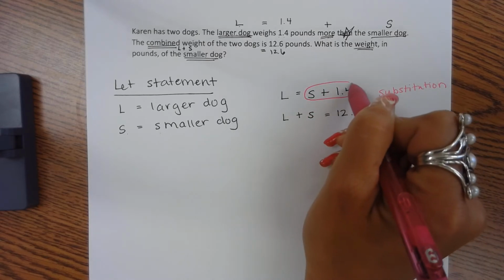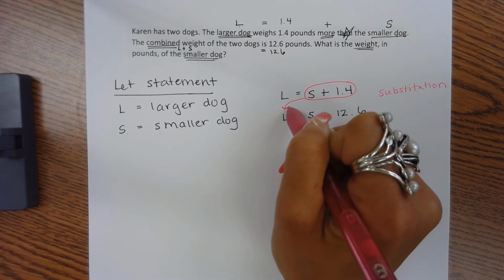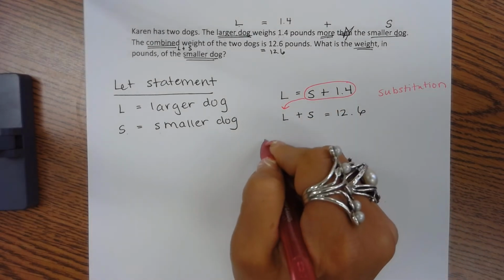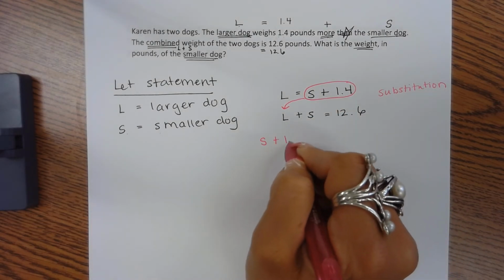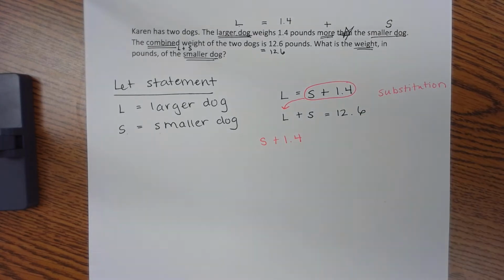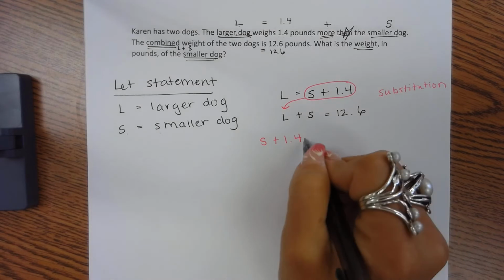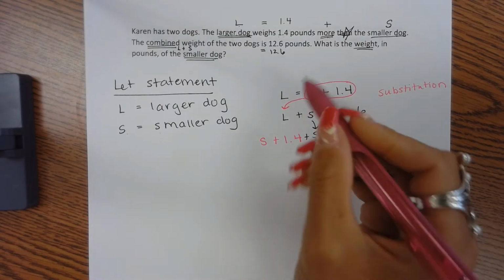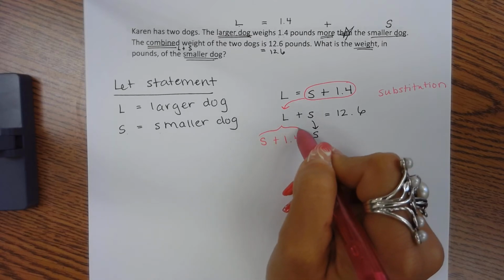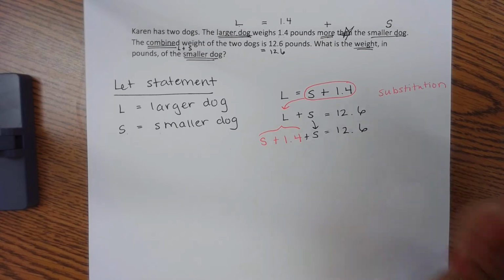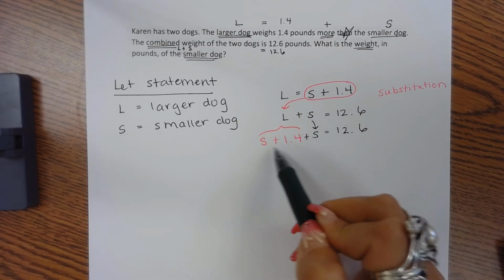So this is now L, and this goes in place for L. So now our new equation is S plus 1.4, and I'll keep plus S, because remember our L was here, equals 12.6. So we took what this is and put it here.